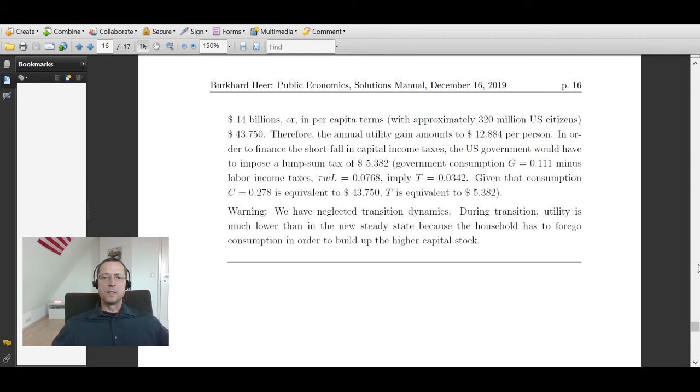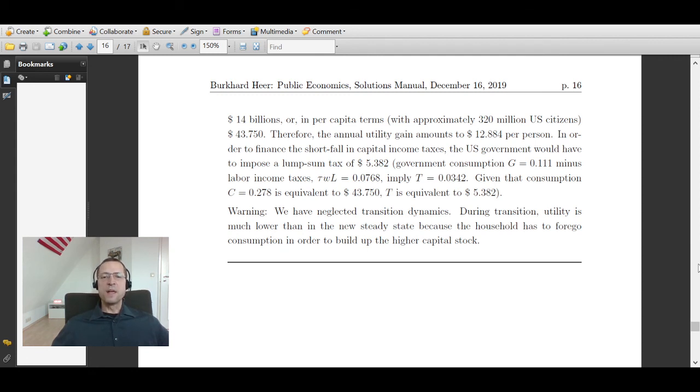So this gives you an idea about the magnitude that's involved with going from a capital income tax, setting it to zero and replacing it by a lump sum tax. It would result in a welfare increase that's equivalent to $12,800 per person each and every year.